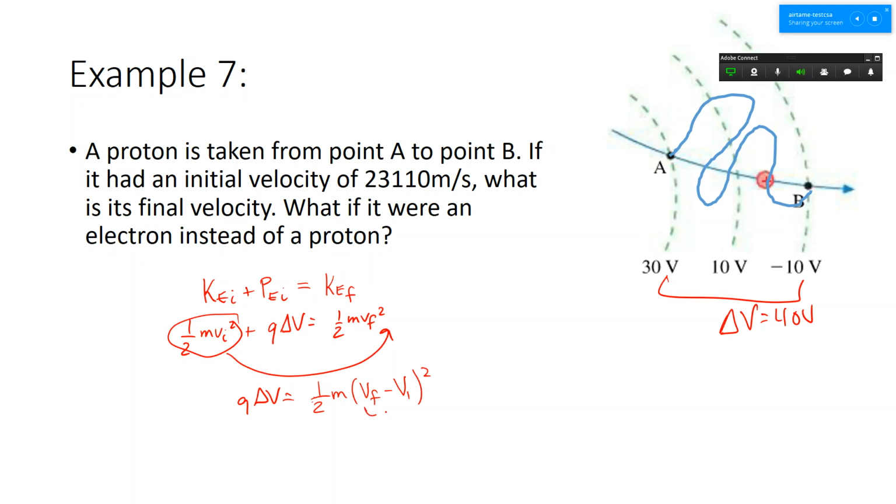And this here is just the change in velocity, or delta v, small v. So sometimes I might ask you what is its final velocity. Sometimes I might ask you what is the change in velocity. You can use whichever method you want. Just don't get confused between the two. Okay?